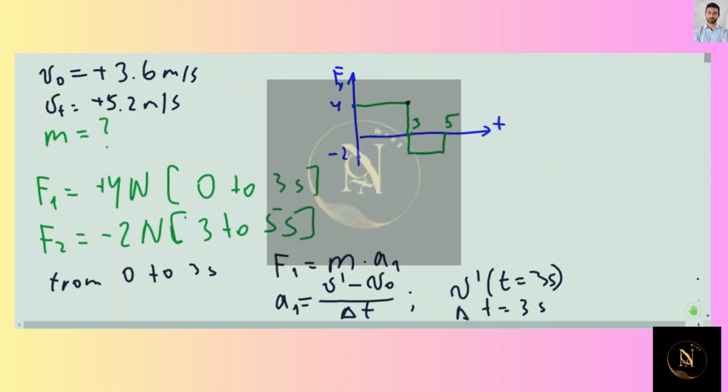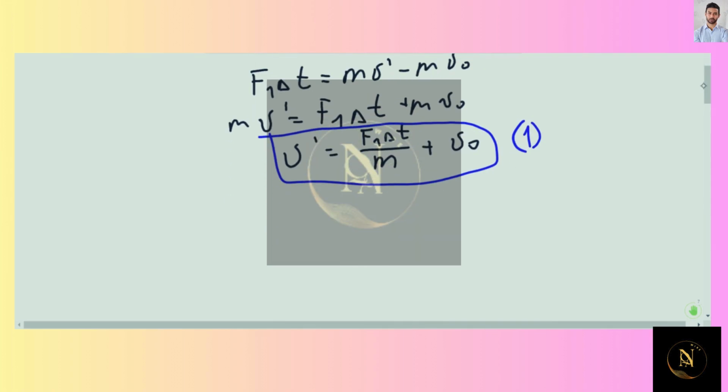Now let's look at the second stage. Here F2 is negative 2 newtons. Again, let's write down Newton's law: m multiplied by the acceleration of the second stage equals F2.